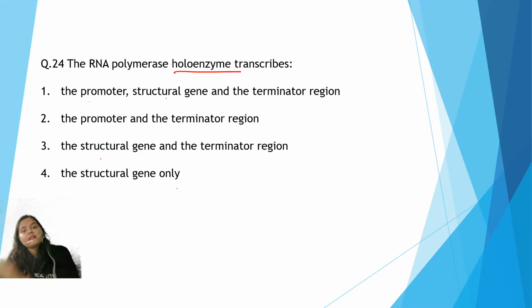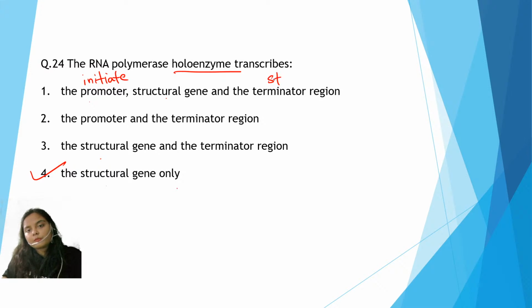Then what happens? It encounters the terminator region with the help of the rho factor, and as soon as it encounters the terminator region, the newly formed RNA falls off. That means it is transcribing only the structural gene, not the promoter and the terminator. Promoter is to help in initiating the process, and terminator is to help stop the process. So the right answer is option number 4. This was a good question. Yes, Karthik. Rekan, Karthik, absolutely correct.